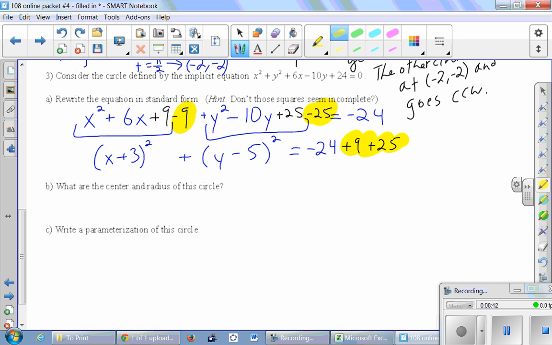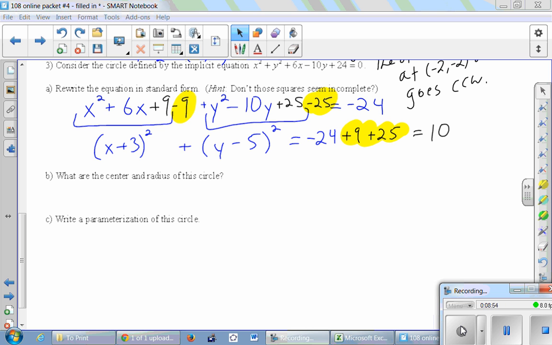Add it to both sides so they move over to the right. So if I'm doing this right, we get 10. So that's our equation in standard form, from which we can easily do part B, center and radius.